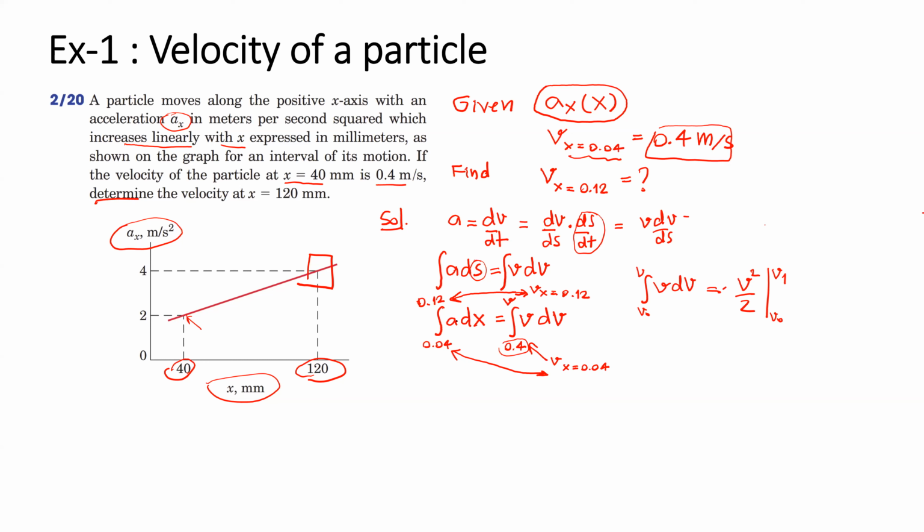But for the left hand side, we need to do the integration of the acceleration against the displacement x. The problem gives this information, ax as a function of x, but it doesn't give us the mathematical expression of ax as a function of x; they give us the plot. So how can we compose the mathematical description of ax against x?